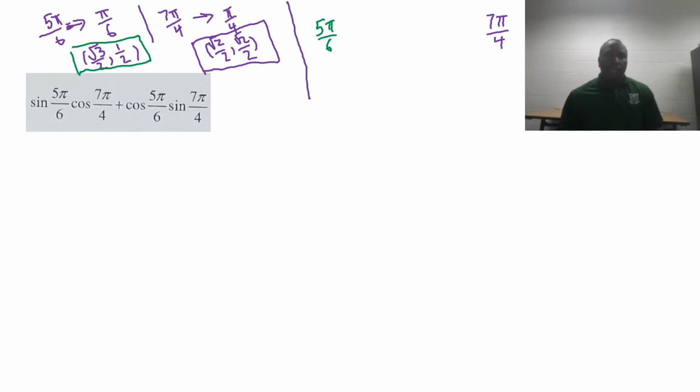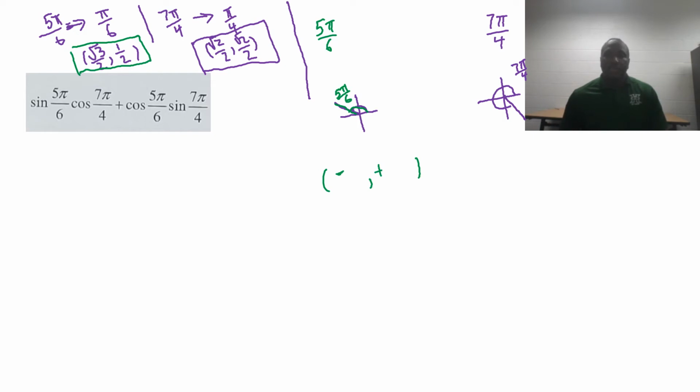So now let's think about the angles. Where are they? 5 pi over 6 falls here in this quadrant. 7 pi over 4 falls in this quadrant. So how do we use that to our advantage? If we're in quadrant 2, remember how the points go: negative first, then positive.